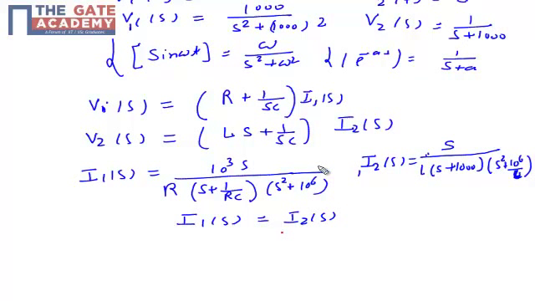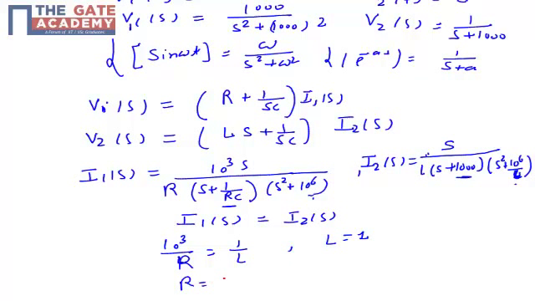So if we use this relation and equate both the currents, you can see that 1 by RC is related to 1000, and my L is equal to 1. And 10 raised to the power 3 by R is equal to 1 by L. So R is equal to 1 by L, and my L is 1.